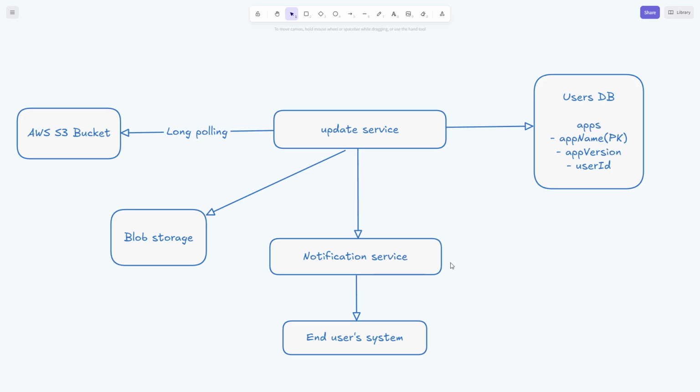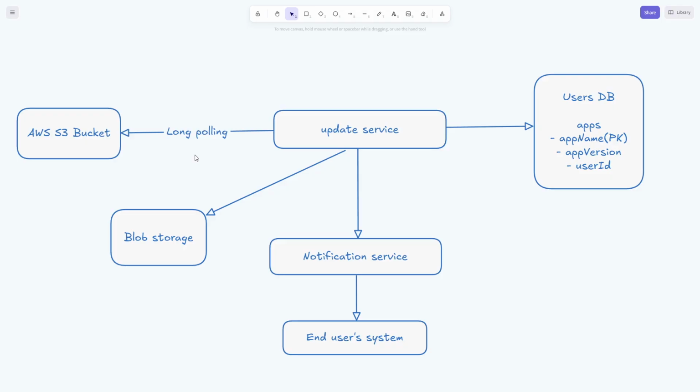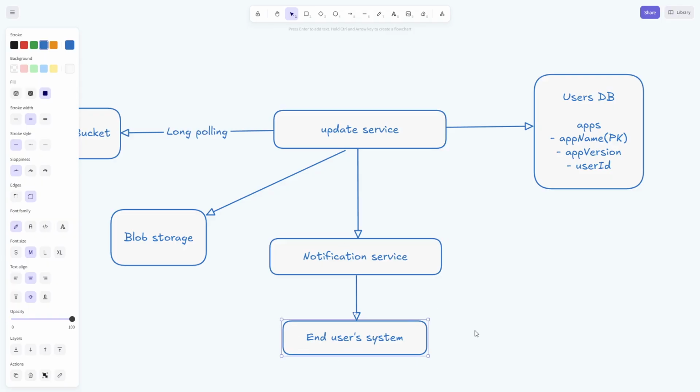So what I did was, this is my update service, and I mentioned that the developers could store the APKs in an AWS S3 bucket, and my service would keep on polling this bucket, and once it finds that we have a newer version of a particular app, it would push the application update to the end user's system.